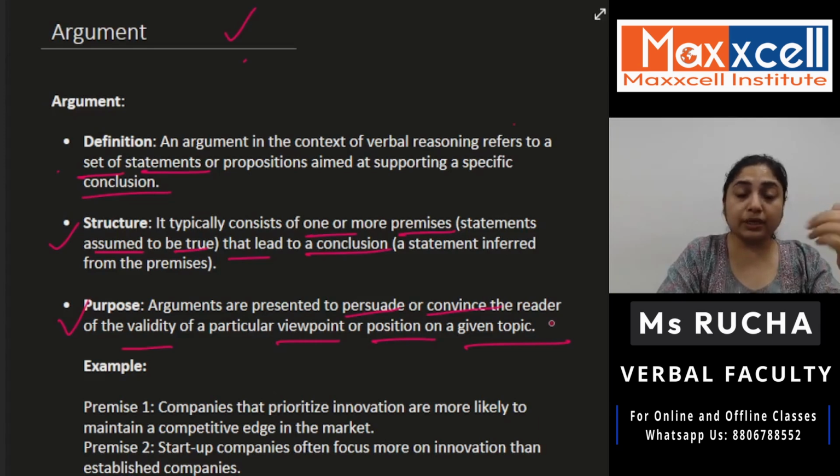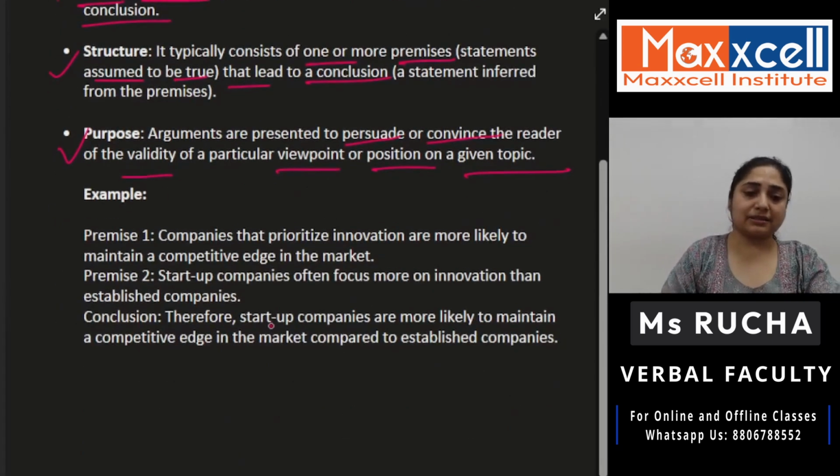What will you do? You will try to give reasons, you will try to give data, right, to strengthen your argument. That is what is given in the form of a question here. But you have to identify whether the argument is strong or weak based on your own logical reasoning. Right? Now let us see an example for this.